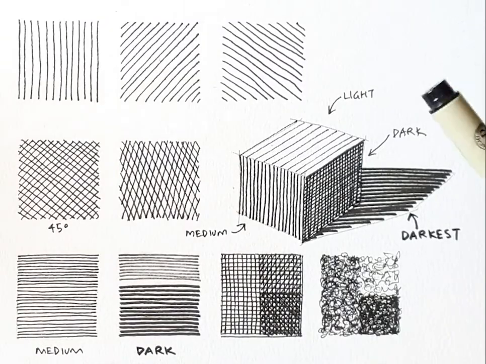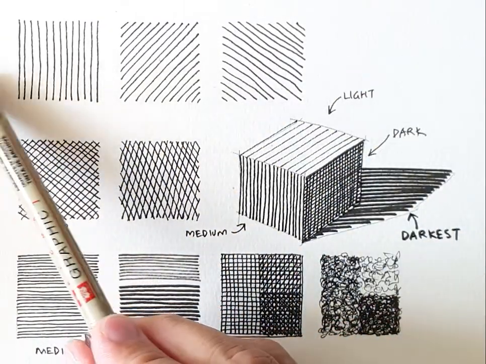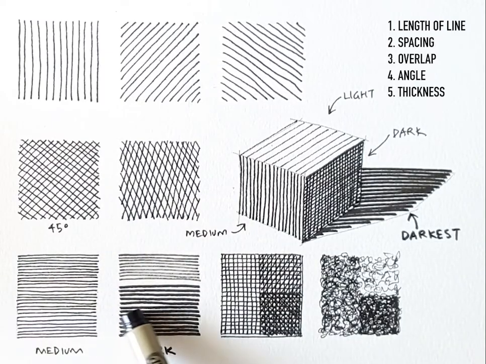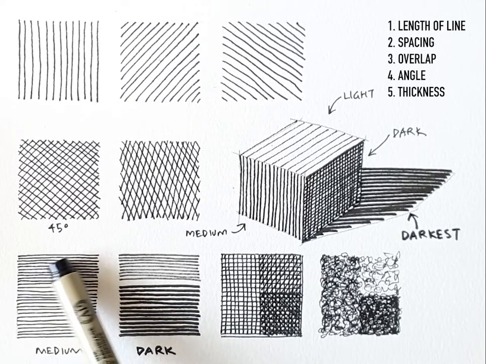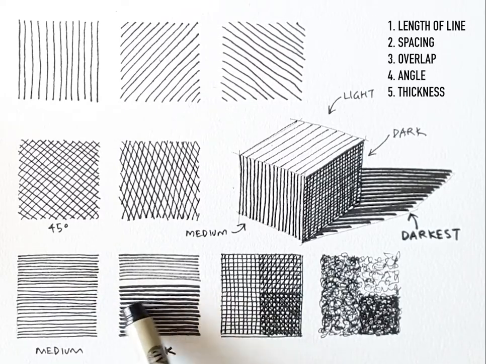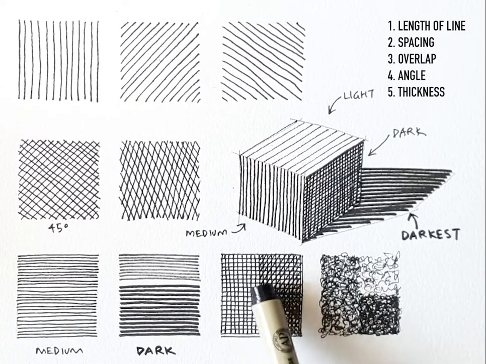Alright, so this is the demonstration on hatching, cross-hatching, and tonal values using the 5 variables. So this is thin lines with wide spacing, medium lines with tight spacing, thick lines with tight spacing, as well as the overlapping of strokes to create the different tones.